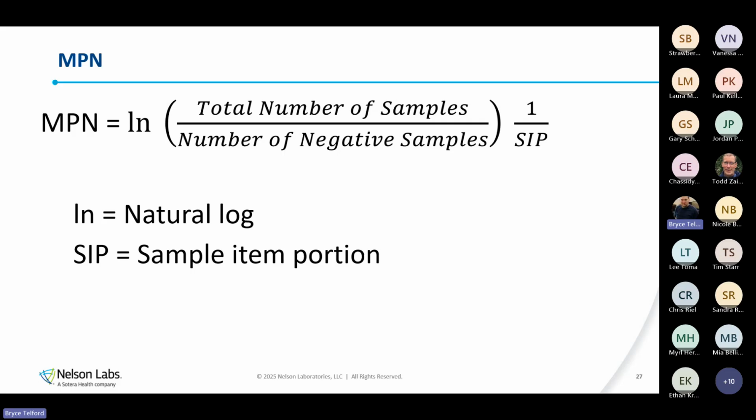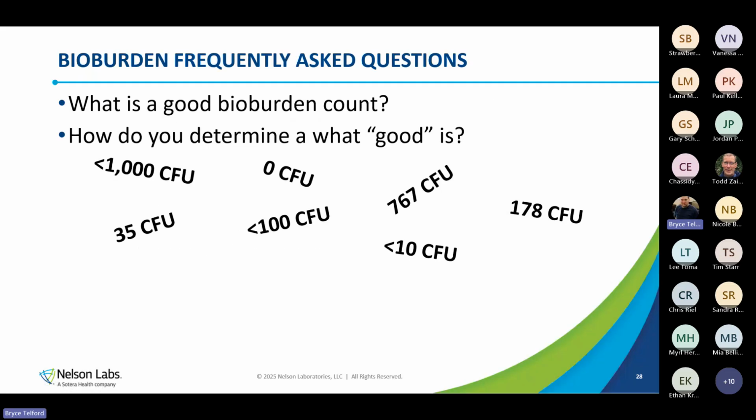So on the one end, we have too numerous to count. We're going to have to make the test much less sensitive so that we can get it in the countable range. On the other end, we have the most probable number, which is the most sensitive test that we can do and run. So that brings up the question, bioburden, what is a good bioburden count?